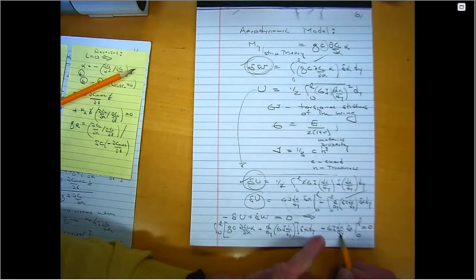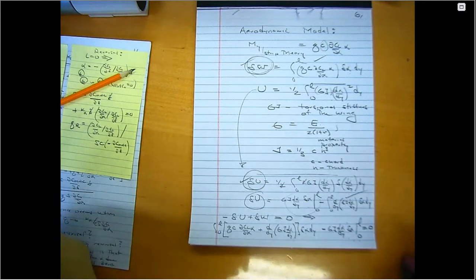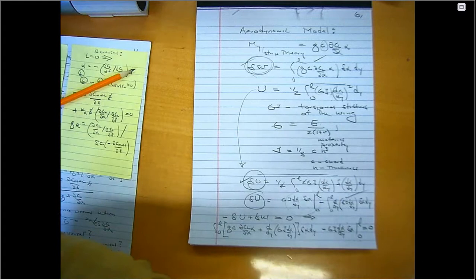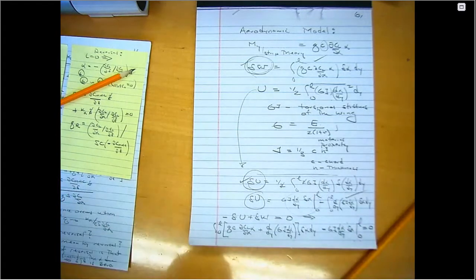Therefore, the thing that multiplies it must be 0. So at the free end, GJ d alpha/dy must be 0, which you can interpret physically as a shear strain, actually. And it's not surprising that at the free end you would have a shear strain. So that's it.